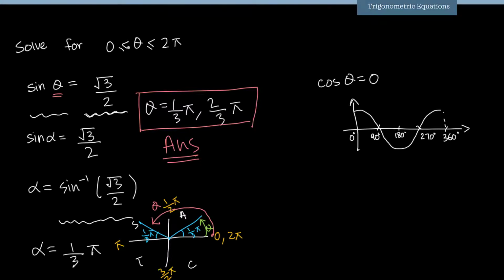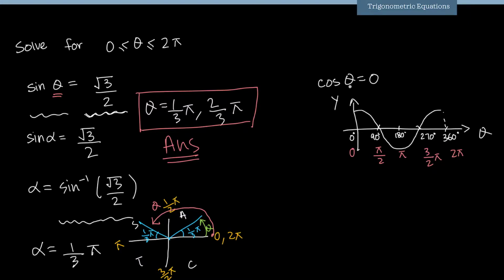But since I'm measuring my angles in radians, instead of writing these values in degrees, I'll replace them with angles in radians. So this is 0 radians here, 90 degrees is half pi, 180 degrees is pi radians, 270 degrees is 3 upon 2 pi, and 360 degrees is 2 pi. This is theta here and y here.